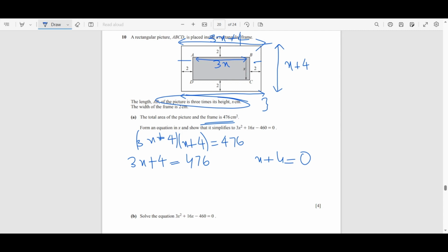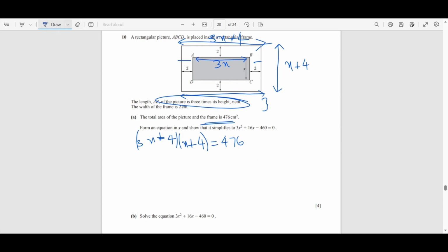If it was 0, the actual meaning is that this is a number, this is another number, two numbers are multiplied and the result is 0, which means either of them has to be 0 in order for the product to be 0.